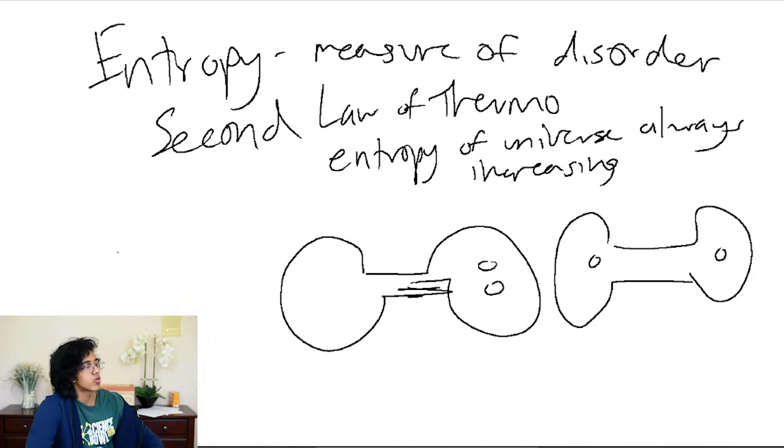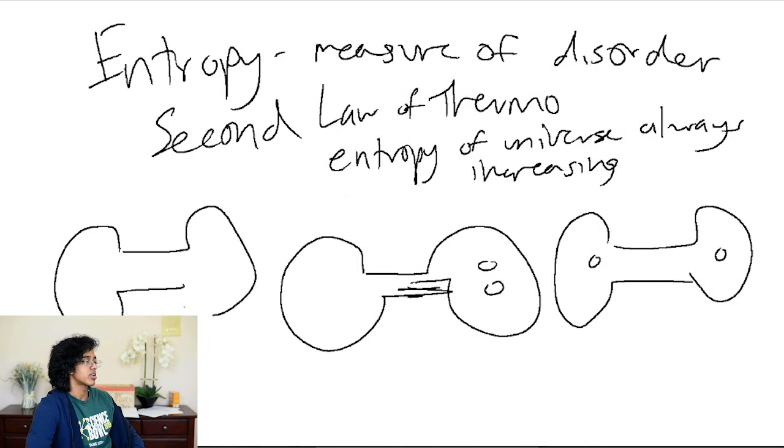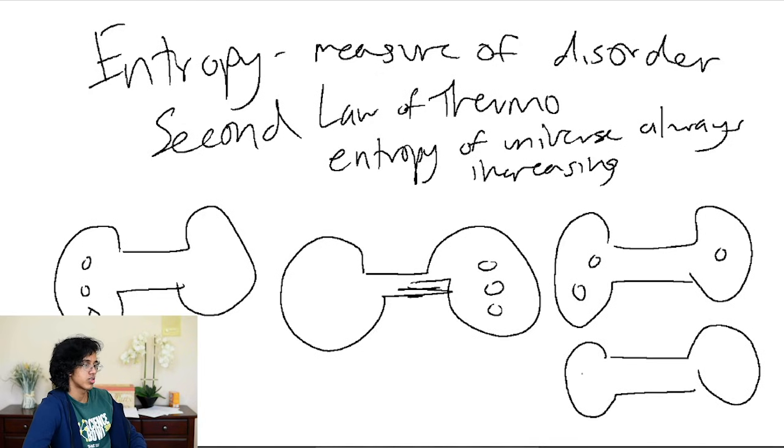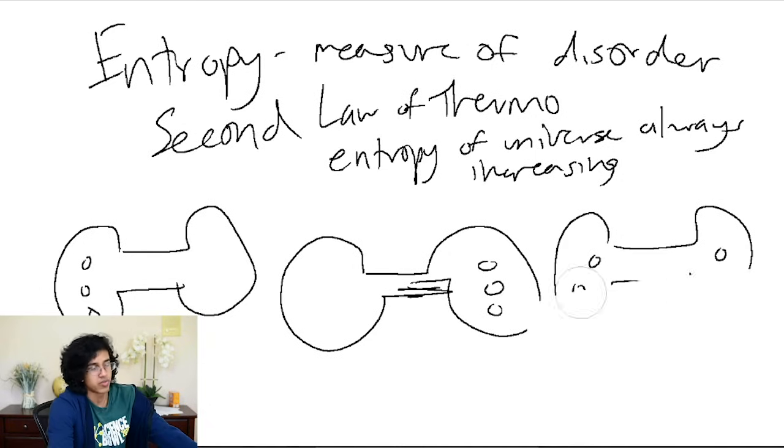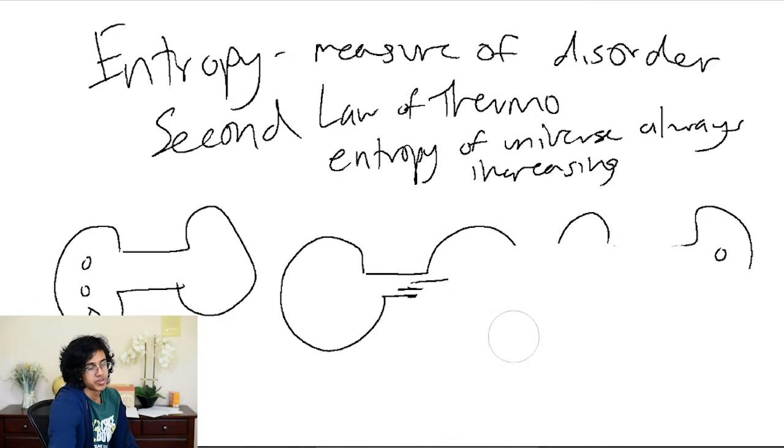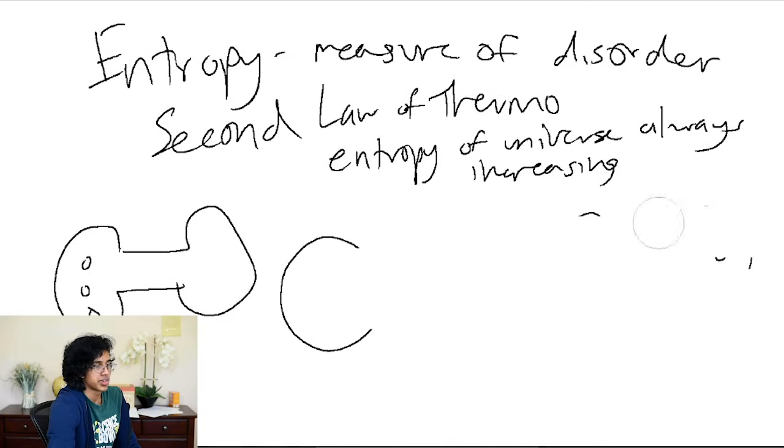That, or it can also be like this. However, let's try adding another one. Then there's these three options, but then there's another one. We can also have one on this side and two on the other side. So now, clearly, the three molecules have a lot more entropy than the two molecules because there's more possible options. These different things I'm drawing are called microstates, but they're probably not going to ask too much about that.